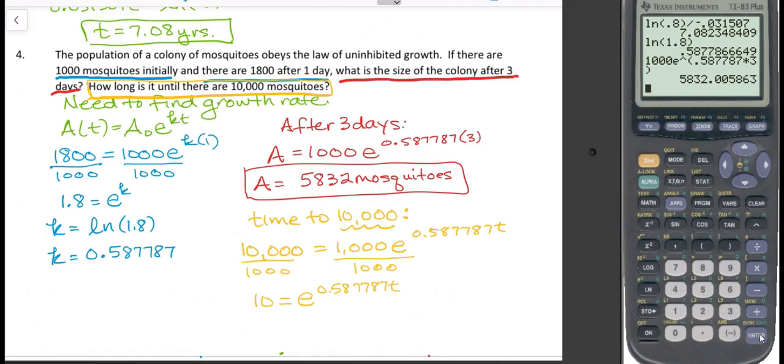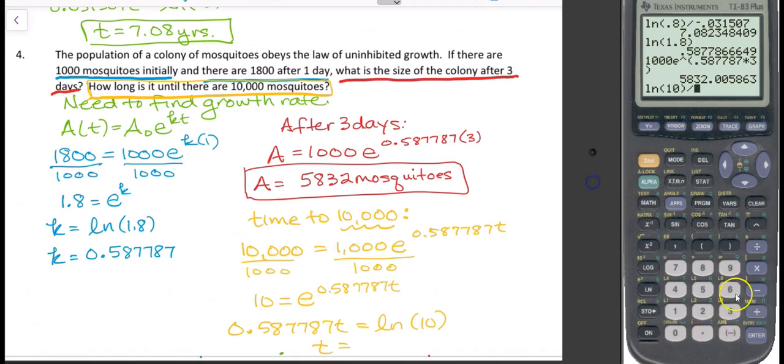That exponent is equal to the natural log of 10, and now I'll get on my calculator to figure out what that is. I need the natural log of 10, and then I want to divide out that coefficient of t.